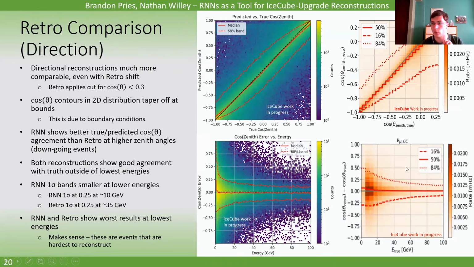This is representing where 16% of the events are below the lower line and 84% of the events are below the upper line. So this would be 16% here, 34% here, 34% here, and then 16% here. Is that a little clearer?